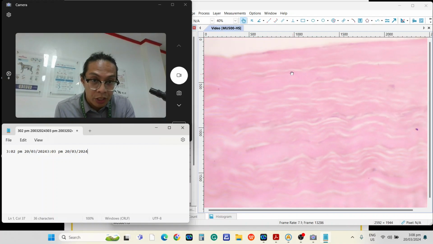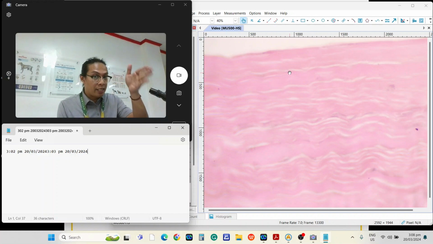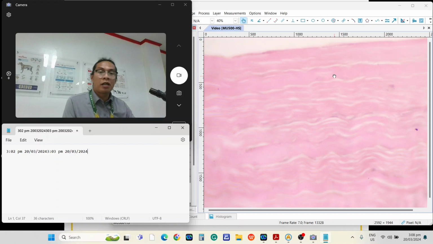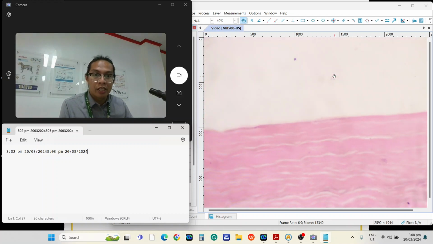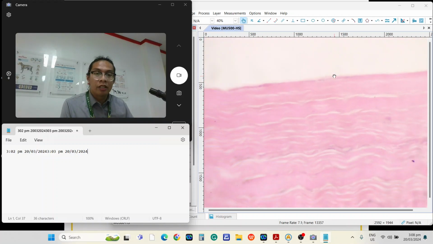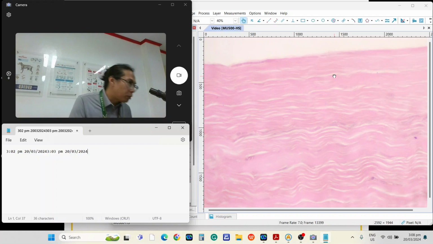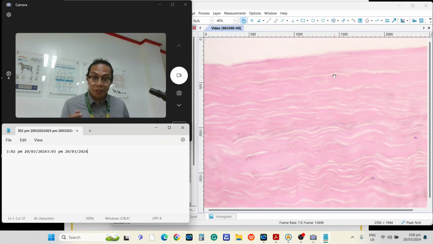Makikita nyo itong location na to is striated. Paganyan yung kanyang striations. So, pangit pa ang magnification ng camera na to. Kaya hindi natin ma-appreciate yung kanyang striations. Okay, so that is true for the skeletal muscle.